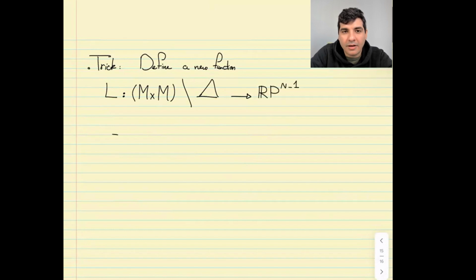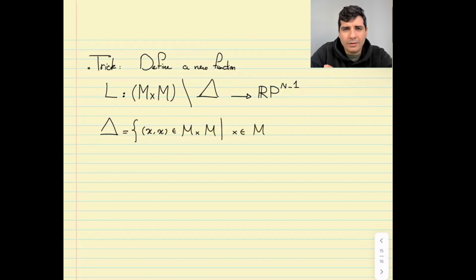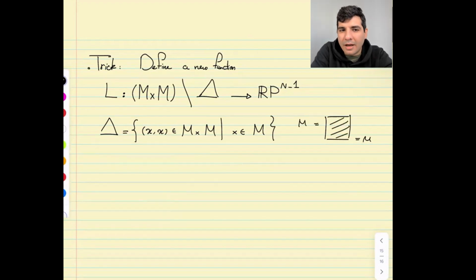The diagonal is a subset of M times M where we have points of the form x and x, where x is in M. Note that, remember from the product of manifolds, any point in M times M has the form x and y. So if this is M and this is M, schematically their product would be this square. The diagonal delta is like the diagonal part of this product space.